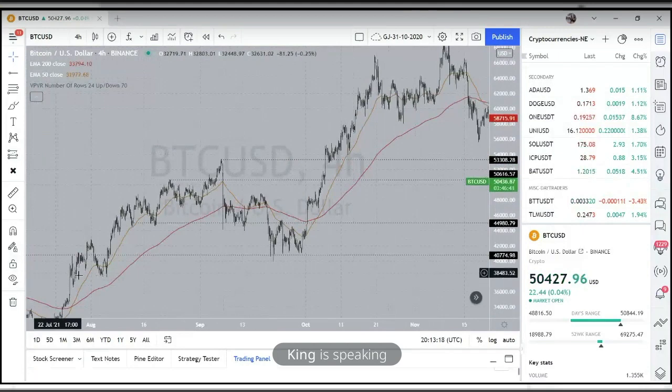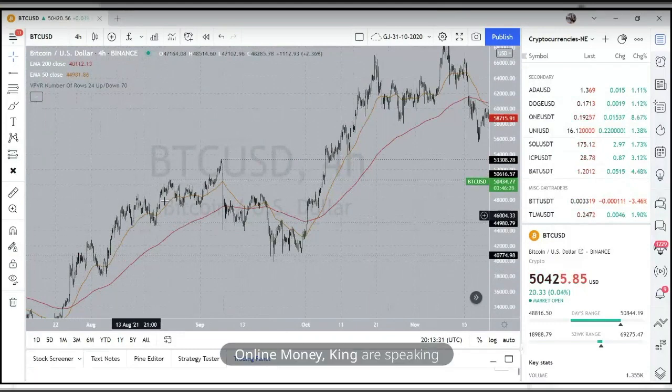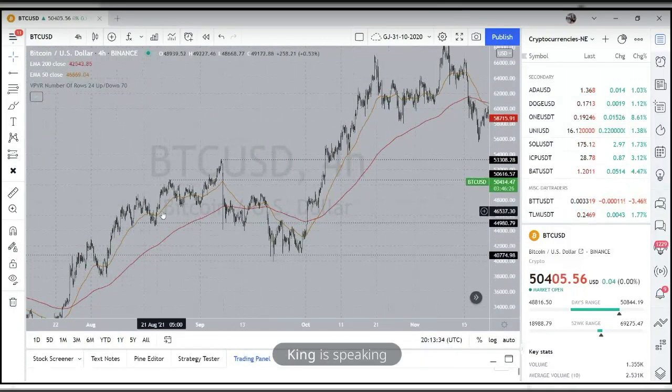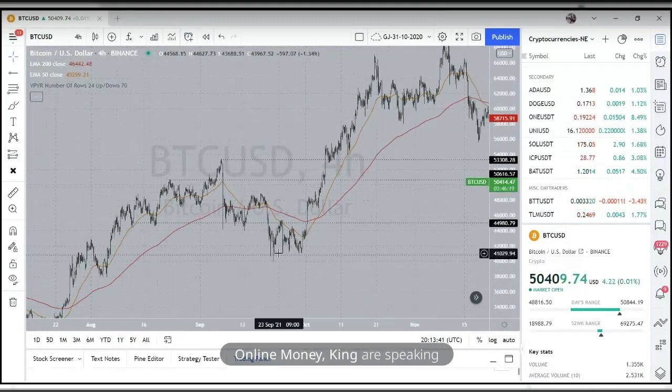As you can see on this 50 EMA on the 4 hour, price does hold it, but it trades through it, and it's not an exact measure of support and resistance. But you can see that where it trades, it tends to follow it until it makes a complete break.